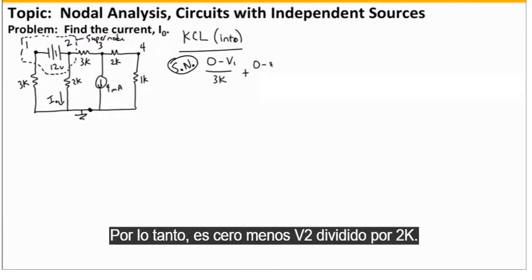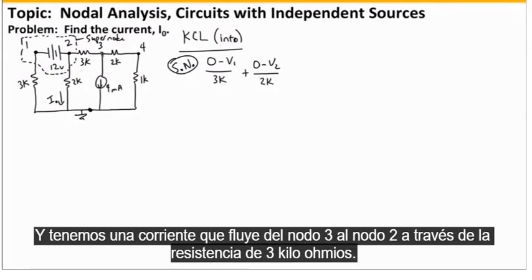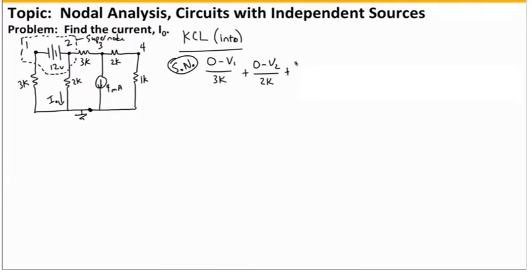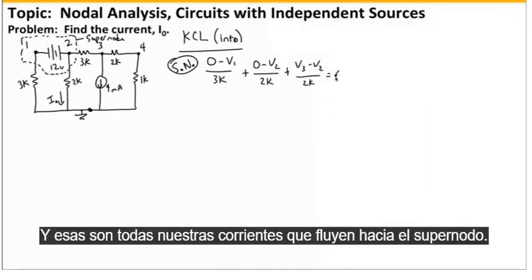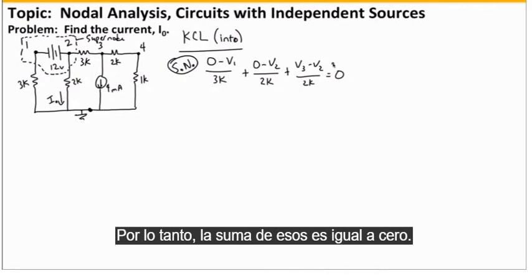And we have the current flowing from node 3 to node 2 through the 3 kilo ohm resistor. That's all of our currents flowing into the supernode. So the sum of those is equal to 0.